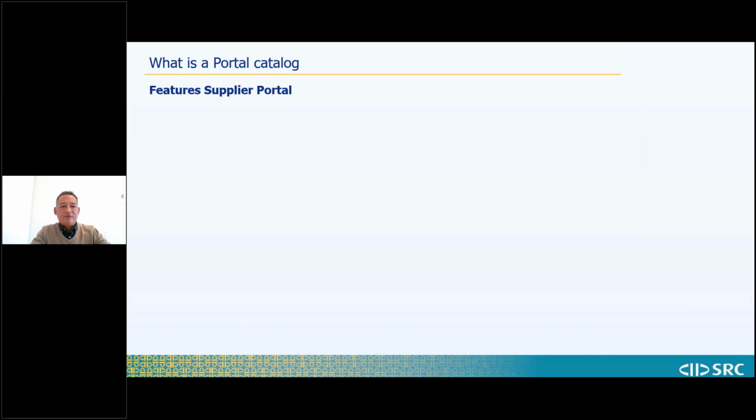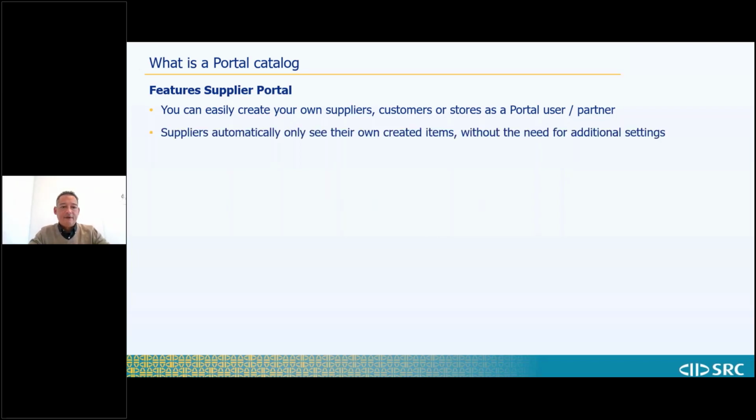Some of the features from the supplier portal. As I already mentioned, you can easily create your own suppliers, customers, or stores as a portal user, or as we also call them, a partner. The suppliers automatically only see their own created items without the need for additional settings.